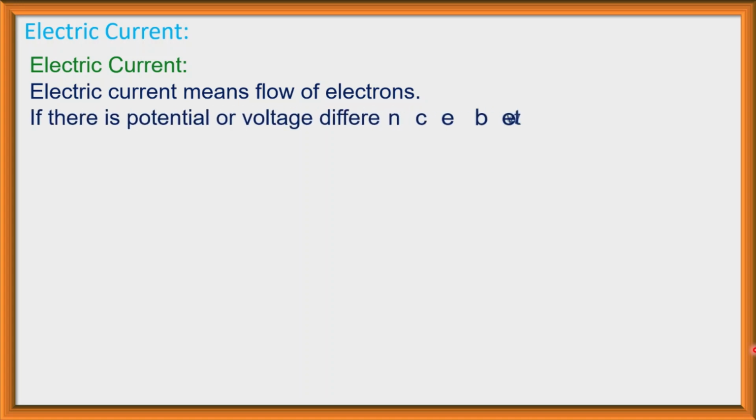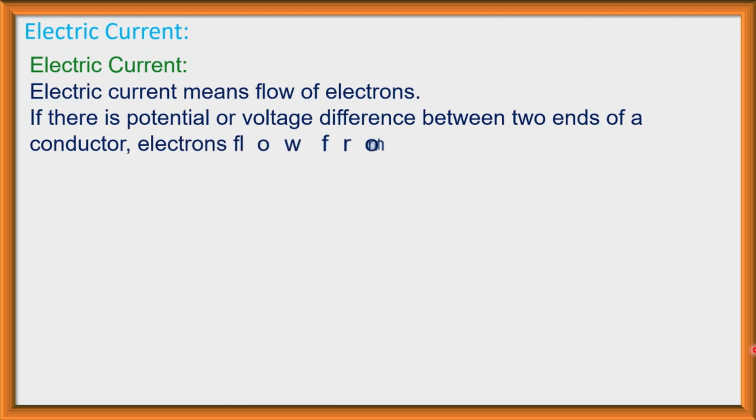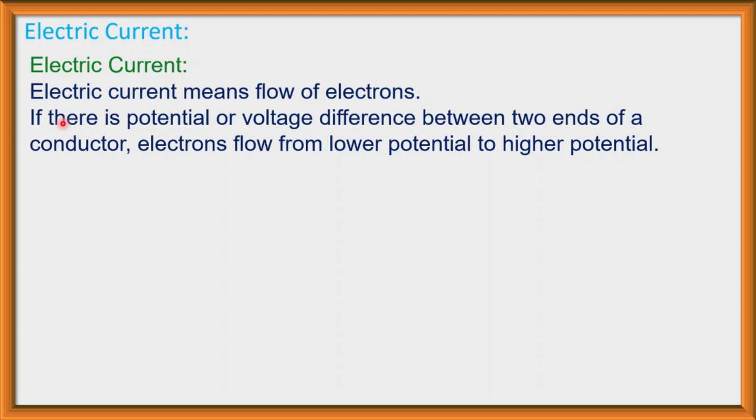If there is potential or voltage difference between two ends of a conductor, electron flows from lower potential to higher potential. That is, if we want electric current, that is flow of electrons, we need potential difference. If there is no potential difference, there is no flow of charge, that is there is no flow of electrons.